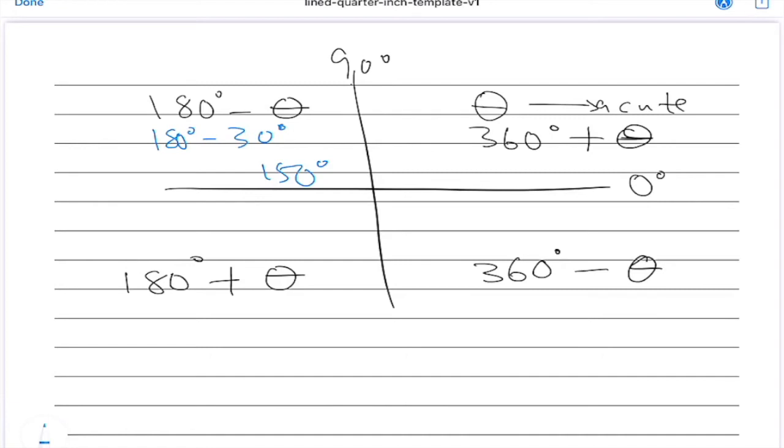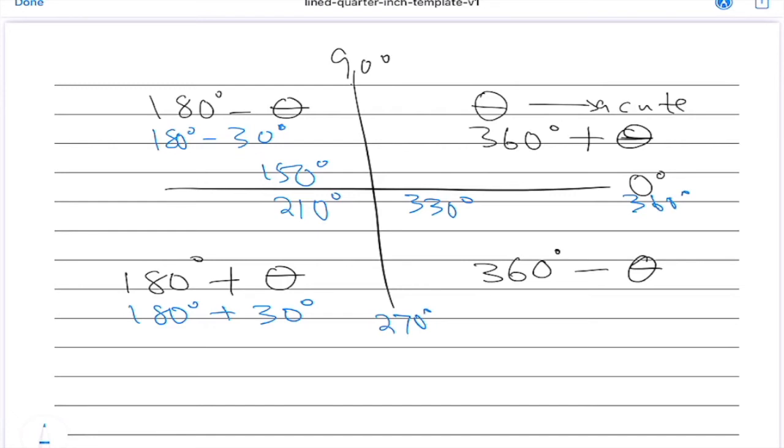If, for instance, we have an angle like 210, 210 is in the third quadrant. So we can write 210 as 180 plus 30 degrees. Now 30 degrees is acute, and it's in the first quadrant. If you have an angle, say 330 degrees, we know that it is between 270 and 360 degrees, in the fourth quadrant.